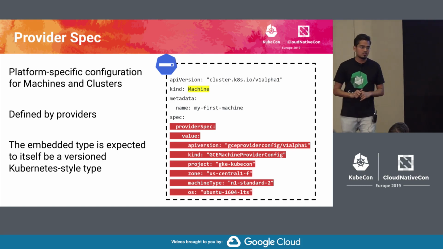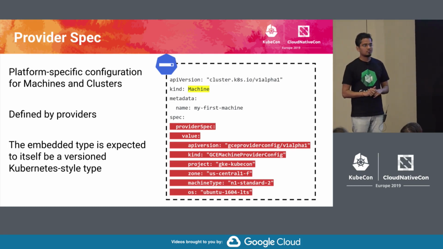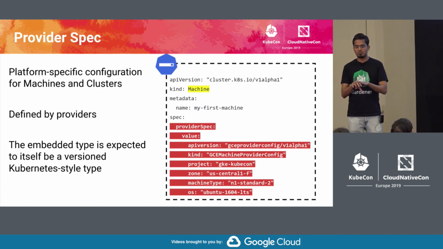So that's where this provider spec blob kicks in, where inside the machine object, we have one raw extension where you can mention that, hey, for my cloud provider, these are the set of keywords to be used. You put it there. The shared controller does not really care about this blob, but as you will see later, whatever external providers there are for the cloud provider integration, whatever plugins are being installed, they will basically interpret this particular blob.